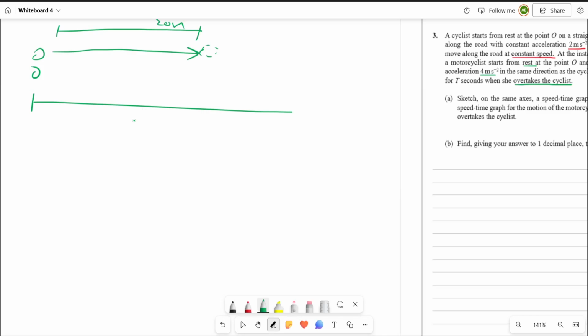Does it overtake when they reach the same speed? No, because this could be moving at 8 meters per second here, and this over here also at 8 meters per second, but maybe it started a little late. So the velocity doesn't dictate when we overtake. What is the thing that dictates when we overtake? The only thing that dictates when we overtake is the actual distance.